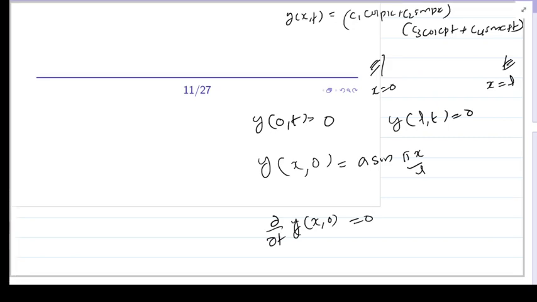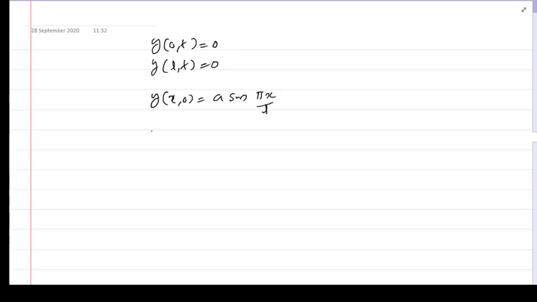All together, this problem reduces to y of 0,t equal to 0 and y of L,t equal to 0, initial displacement y of x,0 equal to sin pi x by L, and initial velocity dou by dou t of y of x,0 equal to 0.